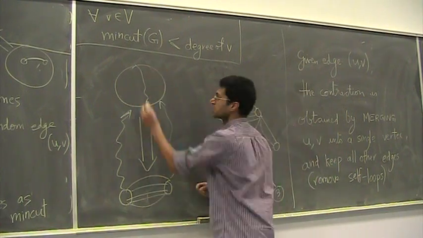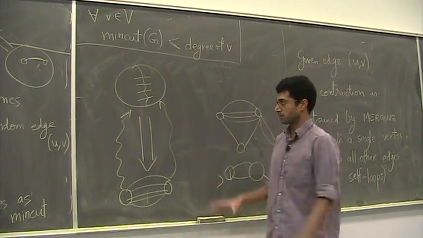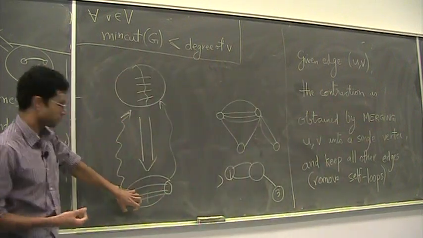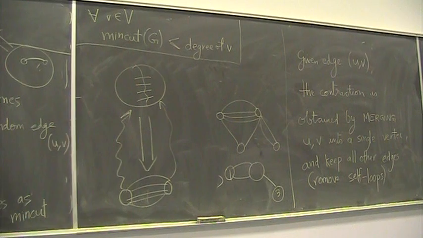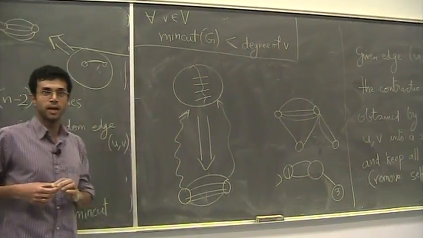And so this is exactly the cut value here. Because every time you contract, you are just collapsing some subgraph into a single vertex. So does that make sense?